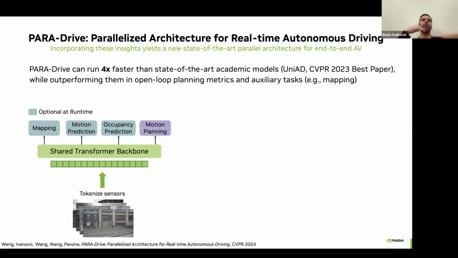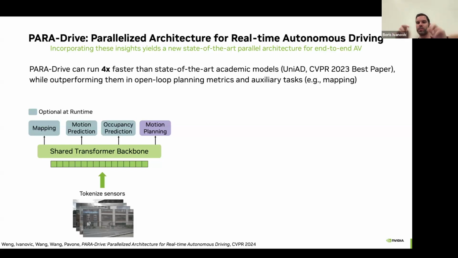What are the best representations of information that you pass between these modules? And we did this all in a directed graph optimization framework.